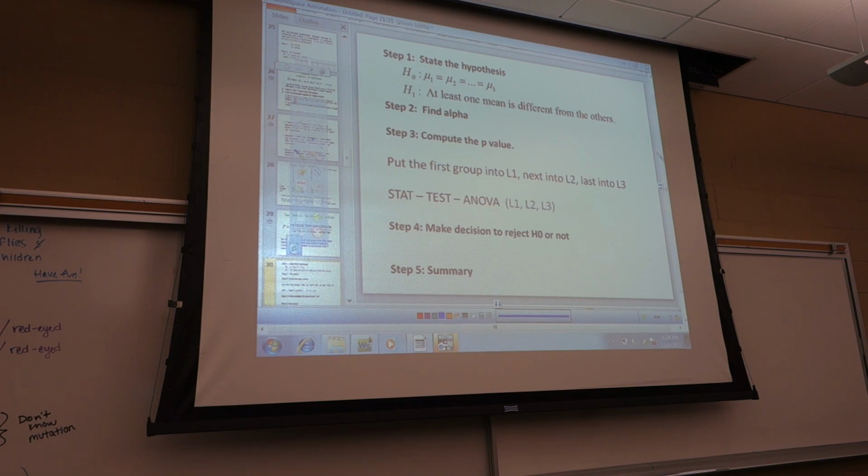Step 2, find the alpha. Step 3, compute the p-value. Put the first group into L1, next into L2, last into L3, and then Stat, Tests, ANOVA, L1, L2, L3. Fourth step, make a decision to reject H naught or not. And then step 5, summarize. Great. So these are our steps.